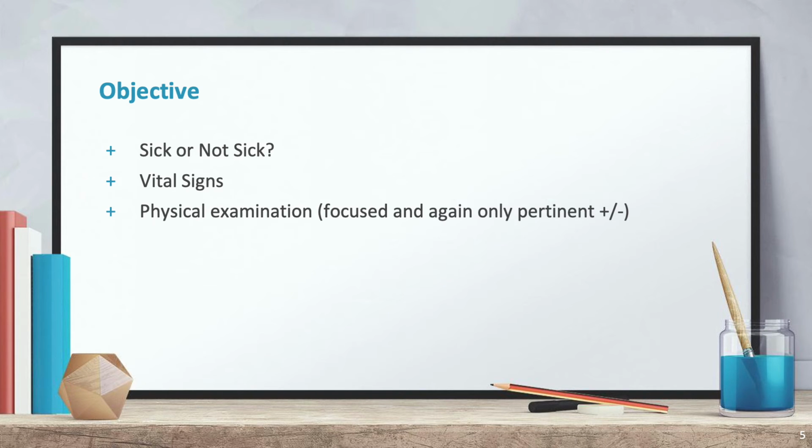Did you listen to their carotids for bruits? Do they have JVD? Did you look at their extremities and do they have edema? That kind of stuff. Whereas I would still do the abdominal examination, but maybe you don't need to go through saying that you listened for breath sounds and all of those other things, because it's just not as pertinent to your complaint.